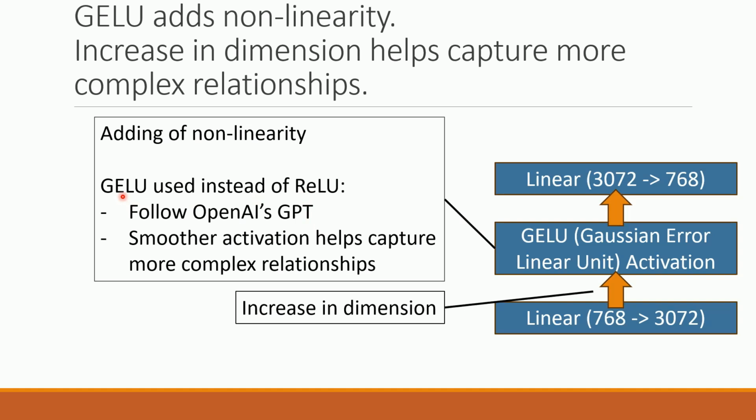So GELU was used instead of the typical ReLU, firstly because the authors of BERT in the paper mentioned that they want to follow OpenAI's existing GPT at the time, as well as something more general in terms of GELU, is that it has a smoother activation at the 0 portion, so that helps it to capture more complex relationships.